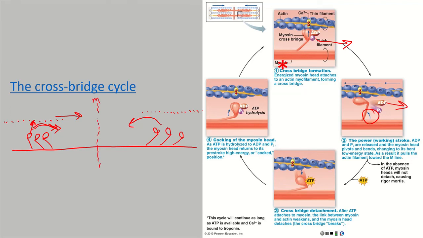Same thing over here. If this myosin head is attached and it bends forward, it's going to push this thin filament towards the M line. What's going to happen to the Z discs? They are also going to get pushed. So we've just shortened the sarcomere a little bit. This is called the power stroke.